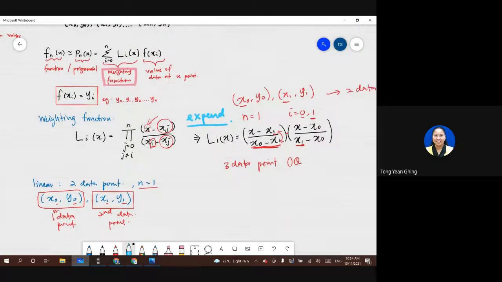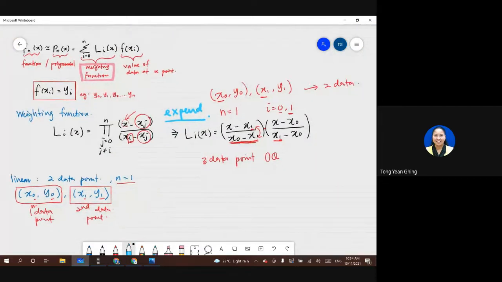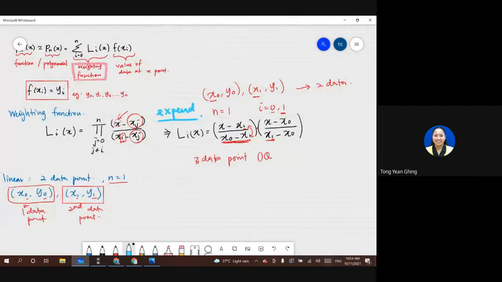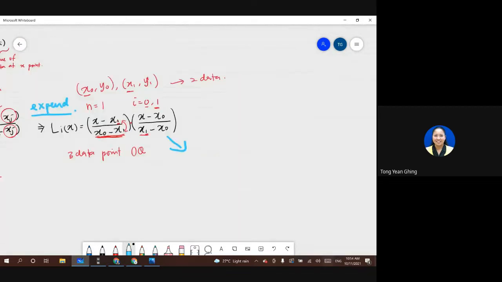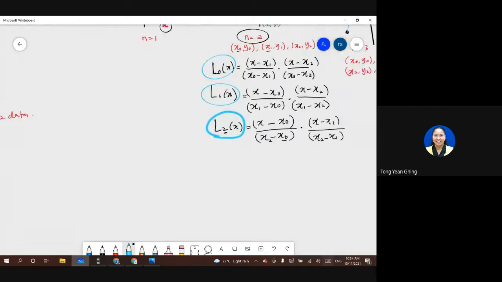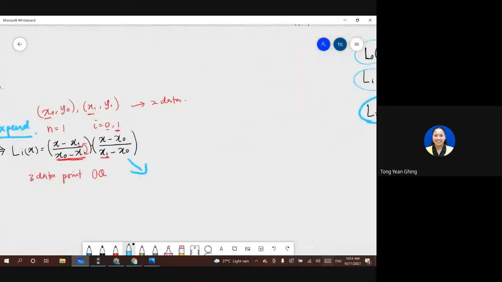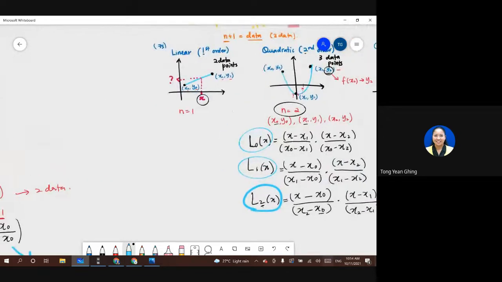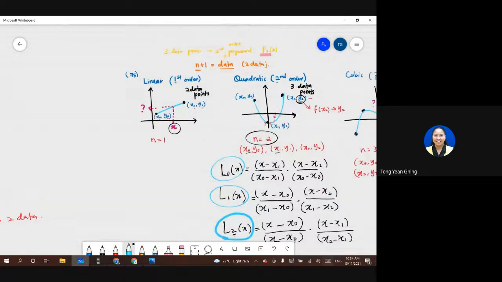So go back to just now. I think this one I have to explain more, then you will understand more easily. So let's say just now, this one linear, okay? Repeat for this linear. Because the n is 1, right?